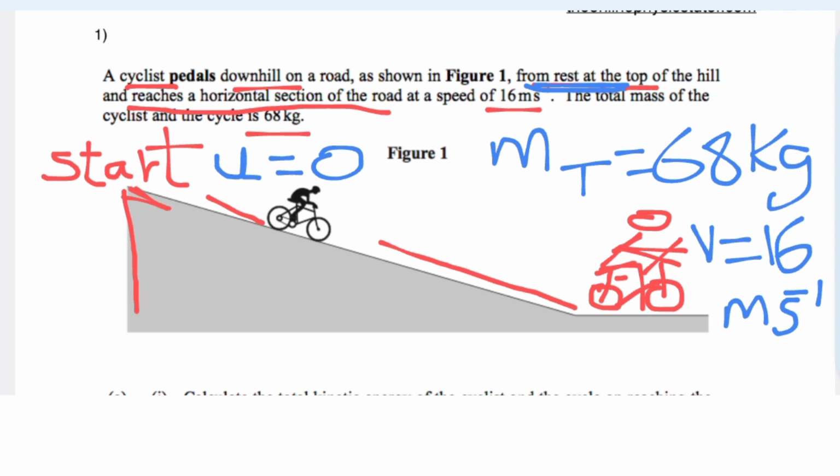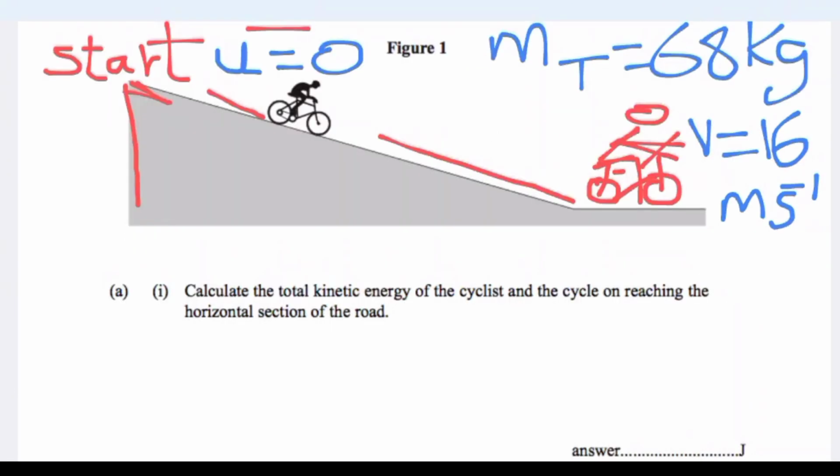So when we go to the question, the first question says calculate the total kinetic energy of the cyclist and the cycle on reaching the horizontal section of the road, right? It says to find the total kinetic energy.